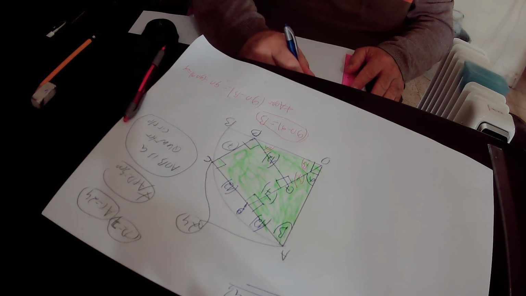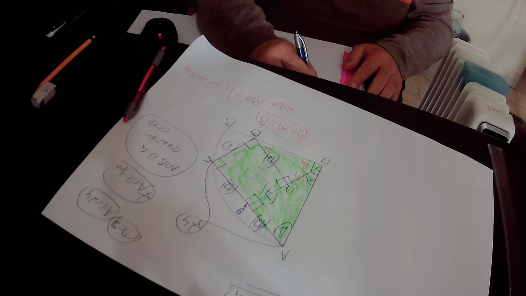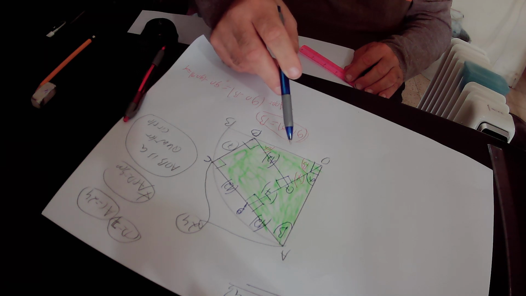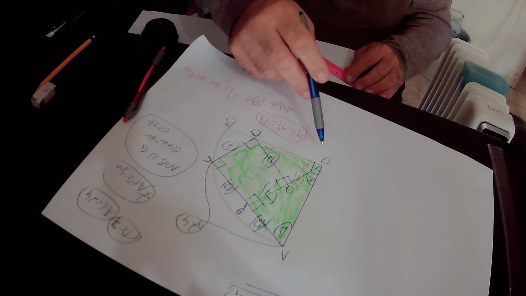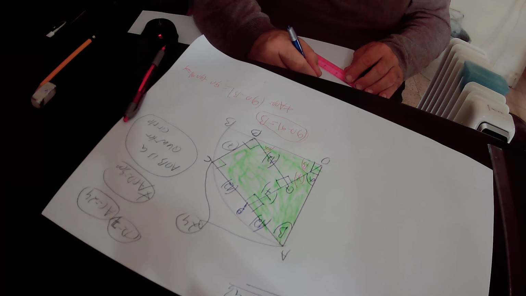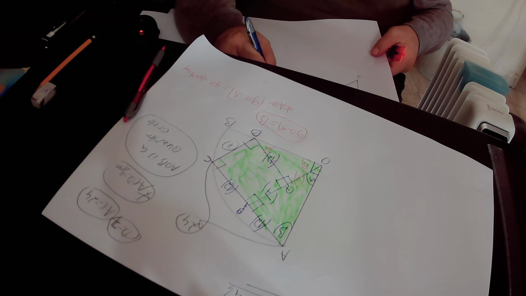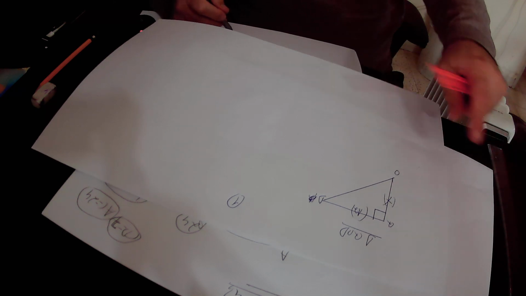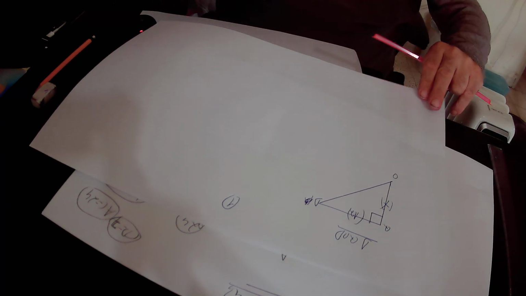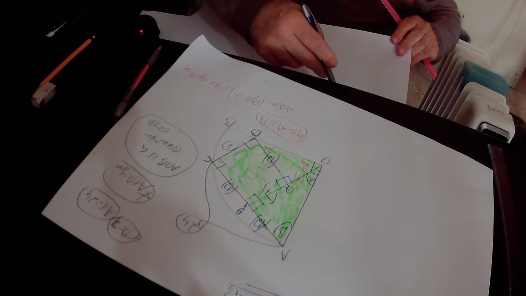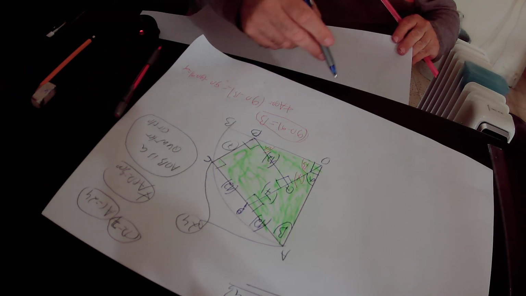QD equals 12 units. OD... QO equals X. So actually, this is the right triangle QOD that I copied from the original drawing. This angle equals alpha.